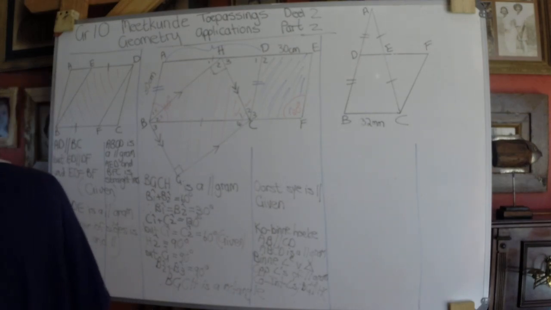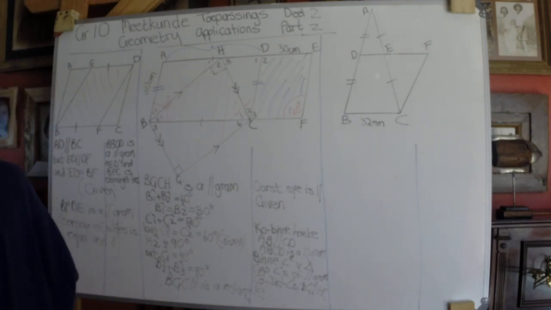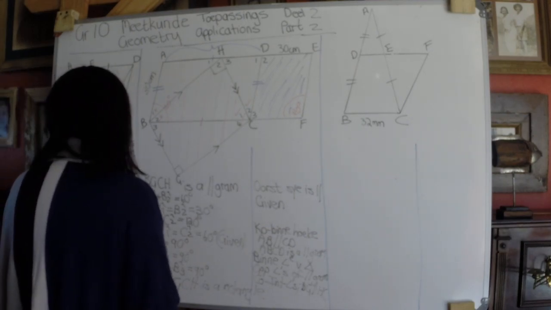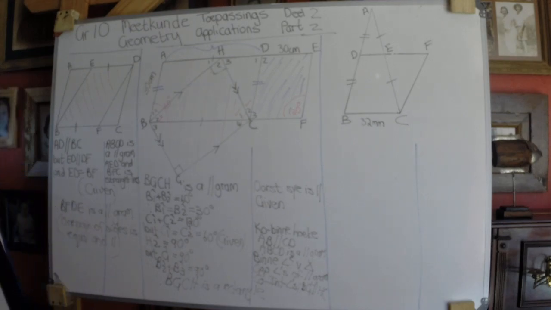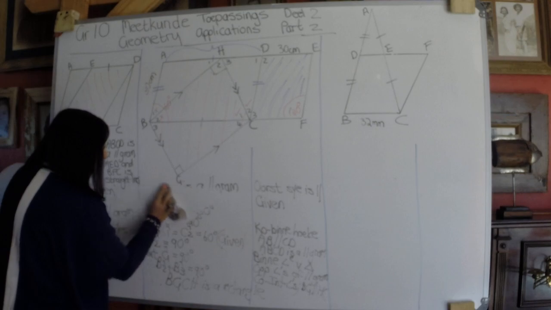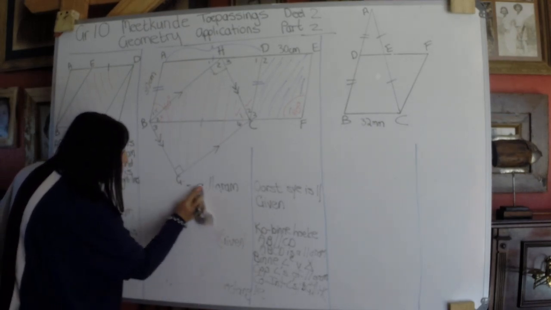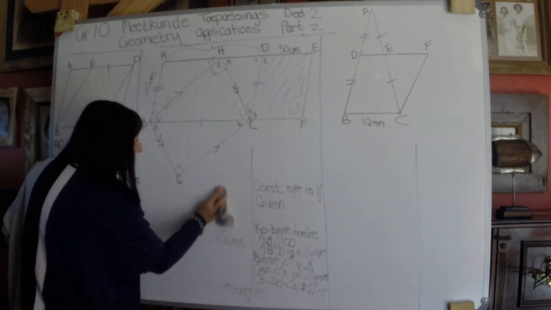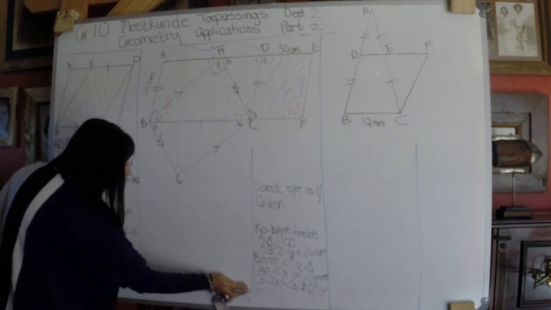So if I've got to prove that to be a rhombus, let's start there at F, 120 degrees. That's been given. I'm going to just make some space. So dat ons kan bewys daai is 'n ruit.